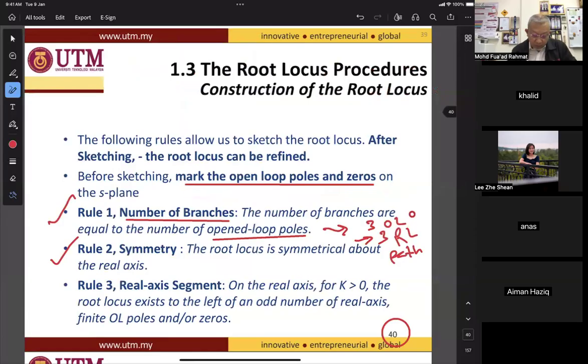And then rule number 3 is the real axis segment. On the real axis, for k greater than 0, the root locus exists to the left of an odd number of real axis finite open loop poles and or zeros.